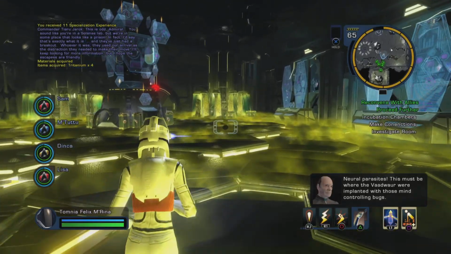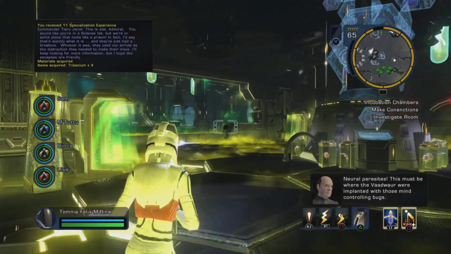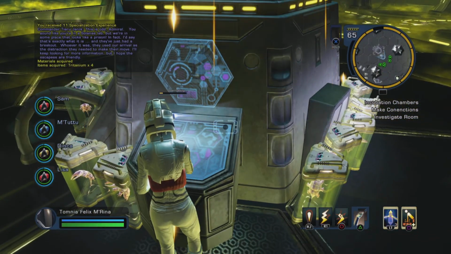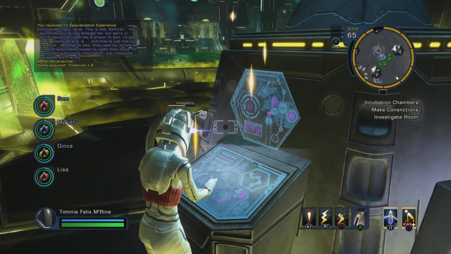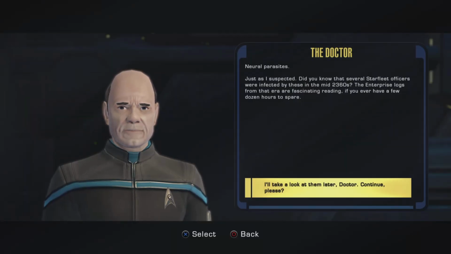This must be where the Vaadwaur were implanted with those mind-controlling bugs. Neural parasites. Just as I suspected. Did you know that several Starfleet officers were infected by these in the mid-2360s?